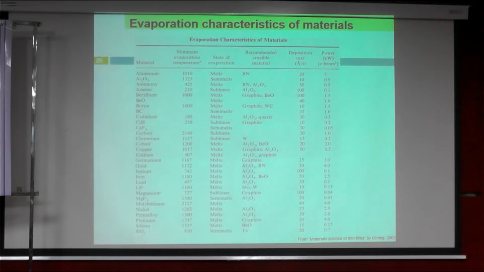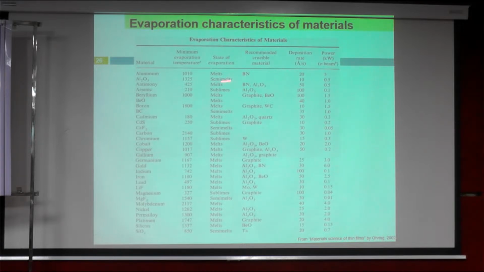Evaporation characteristics of materials. You see that for aluminium, the evaporation temperature is 1010 basically, and you can use a crucible or boat of boron nitride, with a deposition rate of 20 Angstrom per second, and the E-beam power is 5 kilowatt. This is a kind of reference if we want to do evaporation, so we can have this kind of setting in order to obtain and calculate a certain thickness.